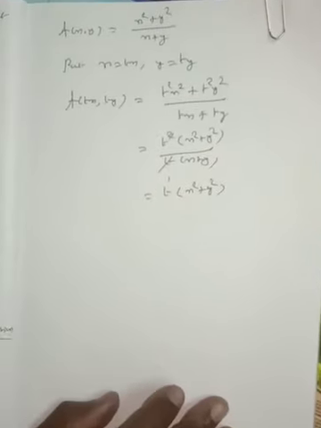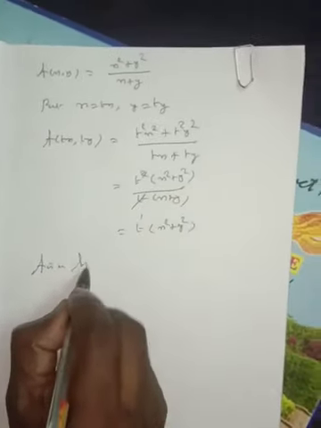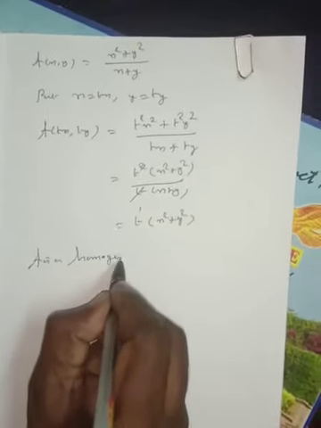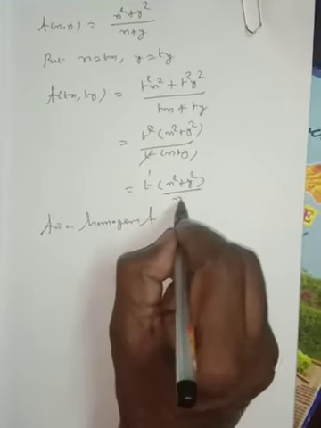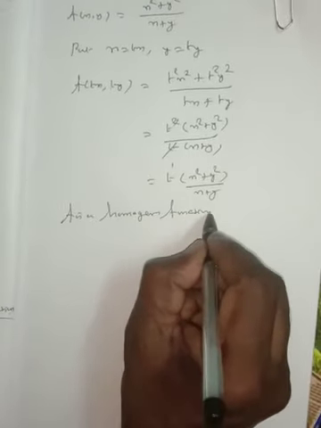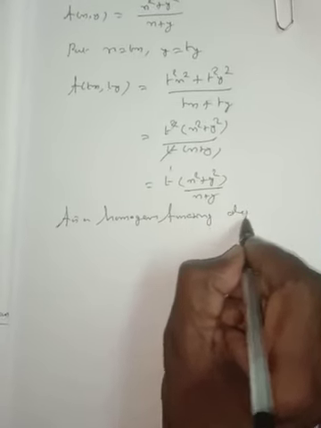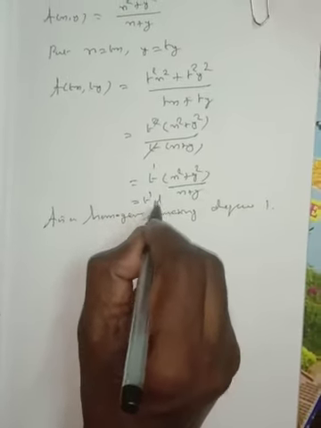Now f is a homogeneous function of degree 1. Why? t power 1 into f of x y.